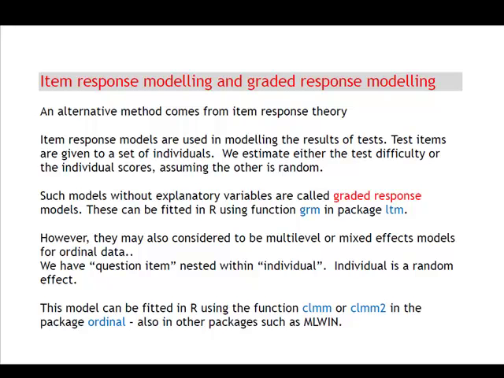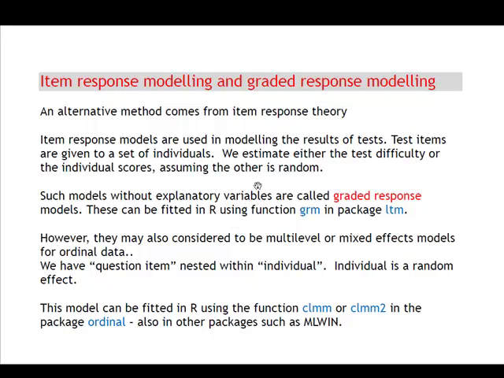An alternative view, which is more related to explanatory variables, is to deal with item response models. Item response models attempt to estimate both scores for the individual questions, and also scores for the individuals who are taking those sets of items.